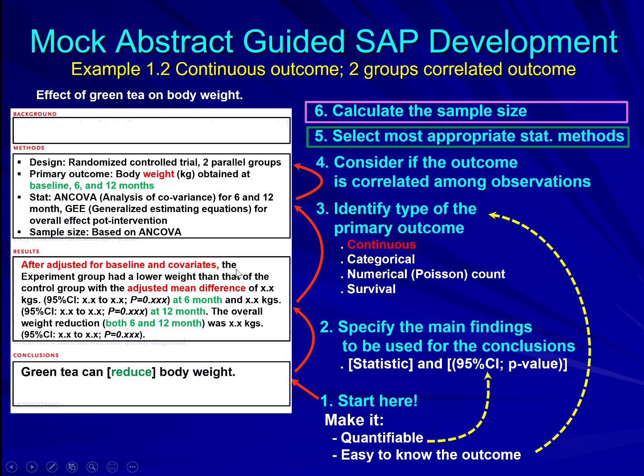Then say the experimental group had a lower weight than the weight of the control group with adjusted mean difference, rather than the unadjusted one, we adjusted according to this. Of what? At 6 months and also at 12 months, you see, we know its immediate effect, its long-term effect. Then we can justify it can reduce in what way. And also in overall both post-interventions.